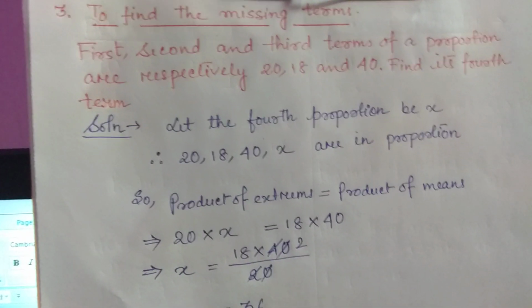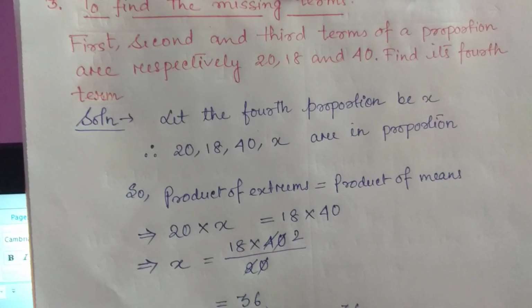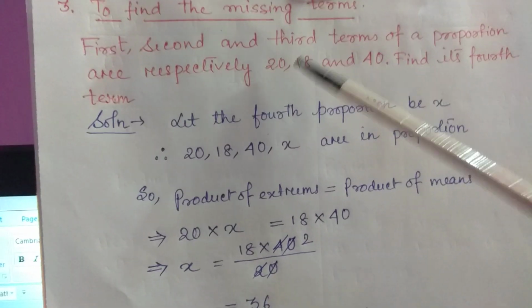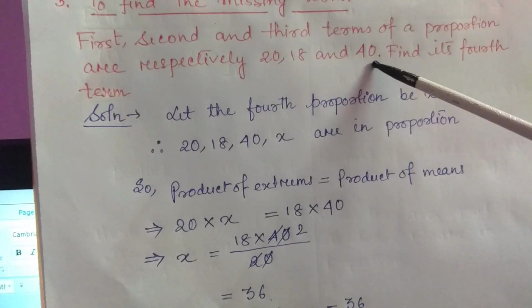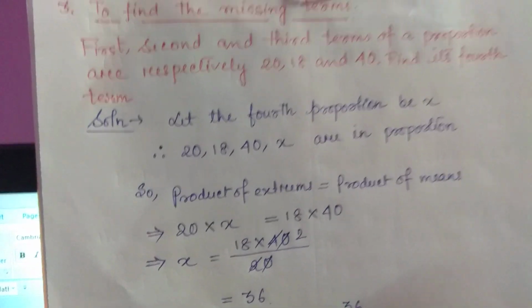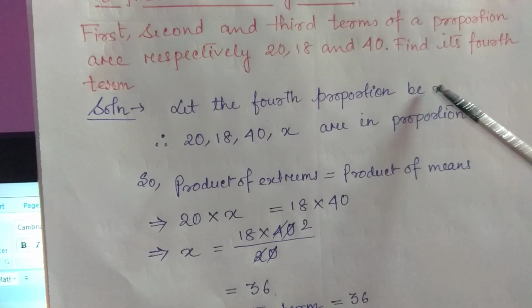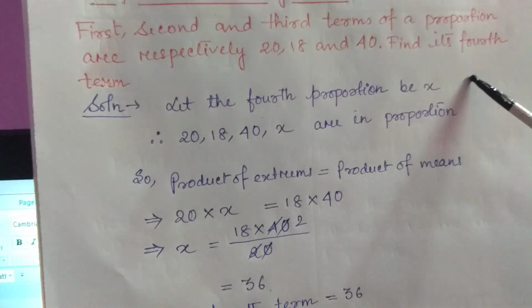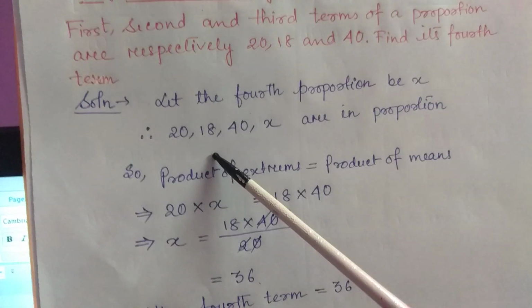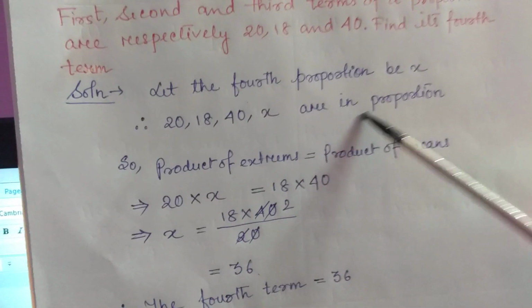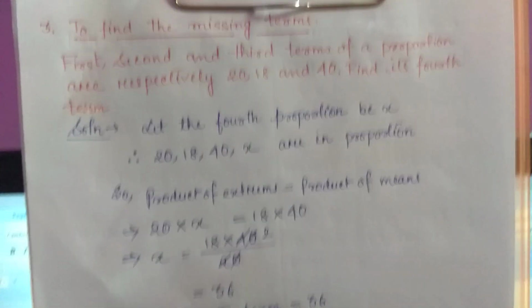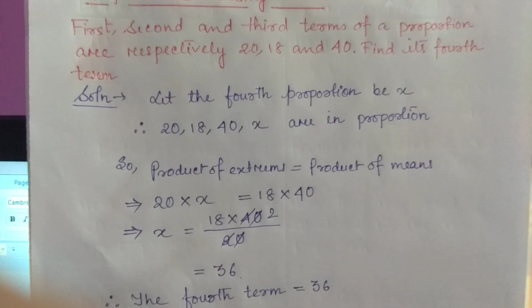To be in proportion, there must be 4 terms. So out of those, the first, second and third terms are given, and we have to find the fourth term. So we consider the fourth term as x, such that 20, 18, 40 and x are in proportion.